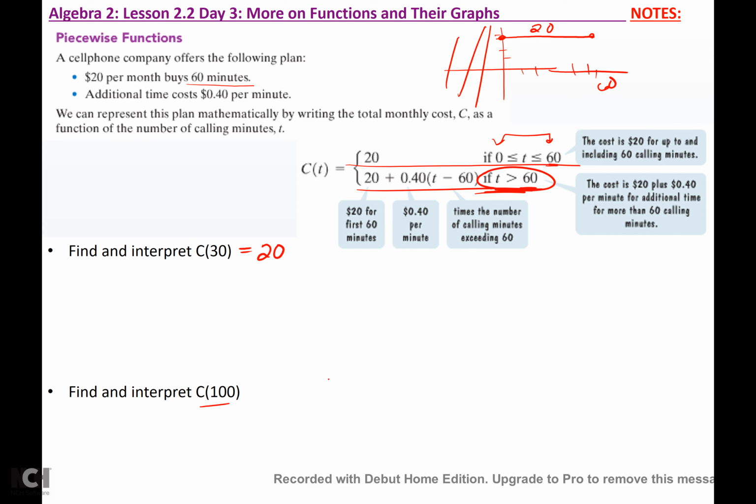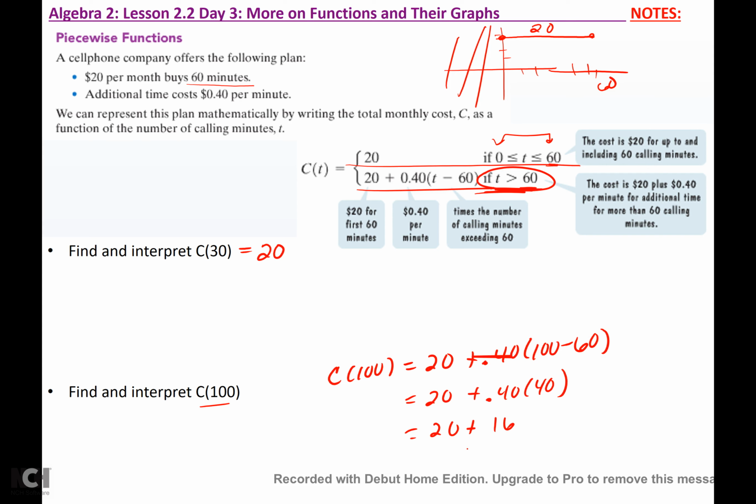So C of 100 equals 20 plus 0.40 times 100 minus 60, which is 20 plus 0.40 times 40. 0.40 times 40 is 16, which gives me $36.